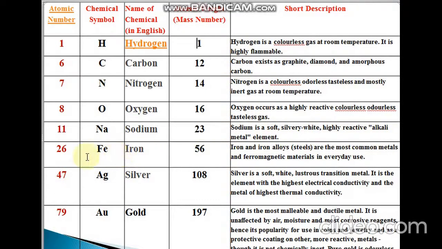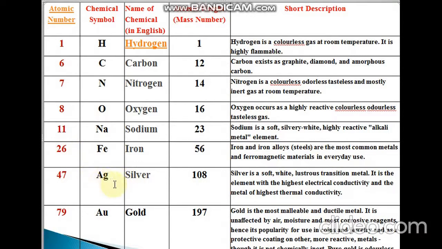Next is iron. There is a symbol. Iron and iron alloys are the most common metals and ferromagnetic materials in everyday use. Second metal is silver.